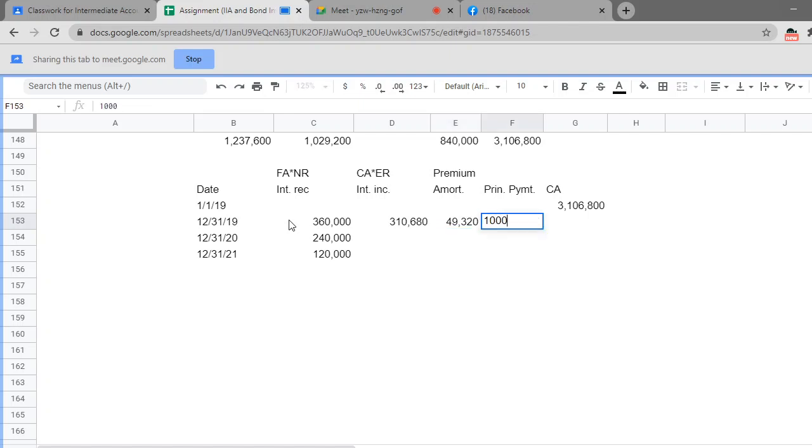Principal payment is 1 million every year. And the carrying amount will be the previous carrying amount minus premium. Minus tayo ngayon kasi premium. And minus na naman yung principal payment.